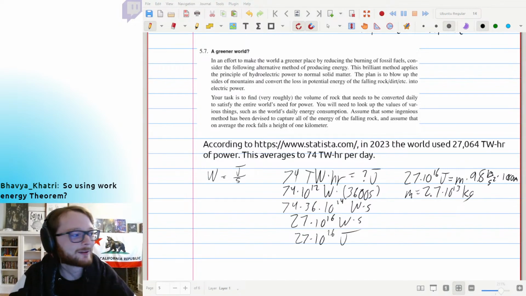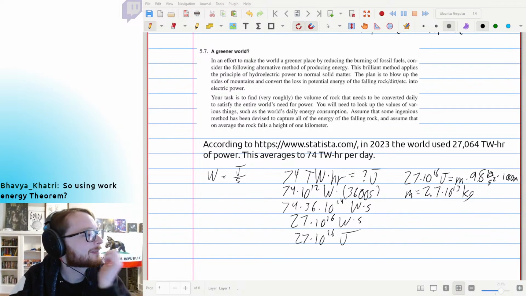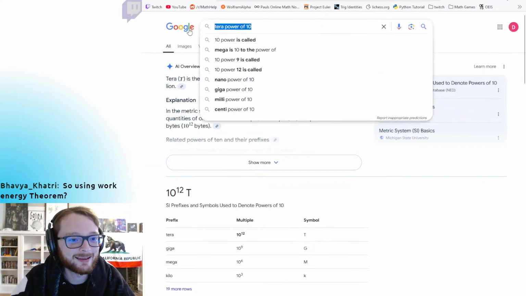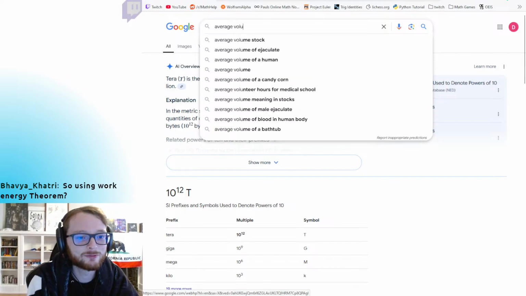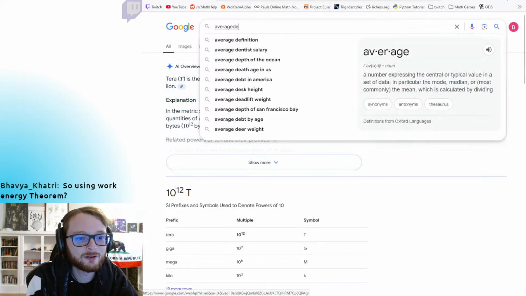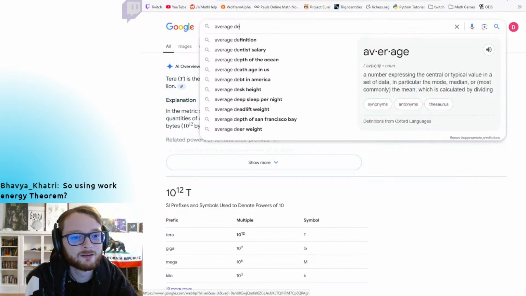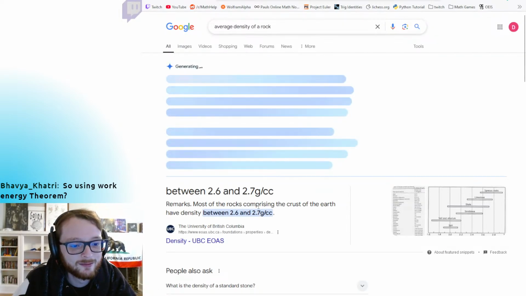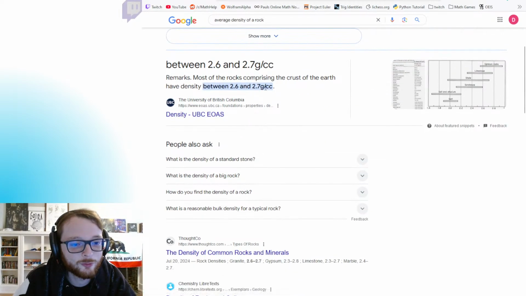So maybe how should we estimate the average density of a rock? Grams per cubic centimeter?